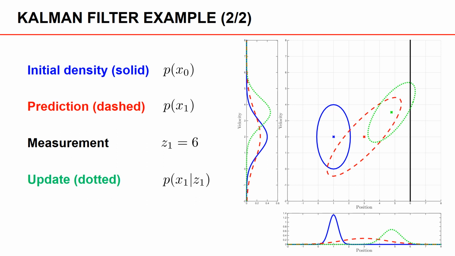In the prediction, the motion model leads to a predicted velocity value of 2. However, the position measurement value is 6, which suggests that we are actually moving faster than what we had predicted. So in this case, we get an updated velocity of about 3.5.